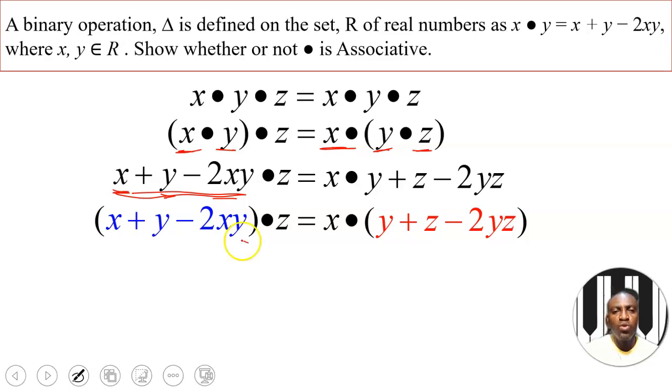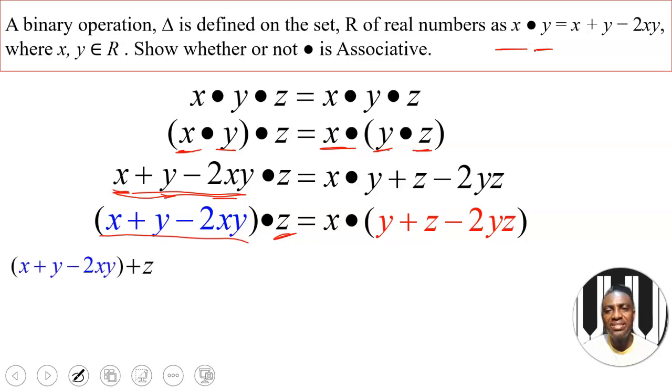Now I'm going to call the whole of this my x, and then this becomes my y. And by definition, I'm going to get the whole of the x plus the z minus 2 times the whole of the x times the z. Right? If you are confused, you just pause the video and walk through it again and see.